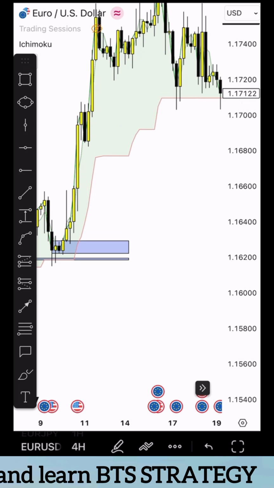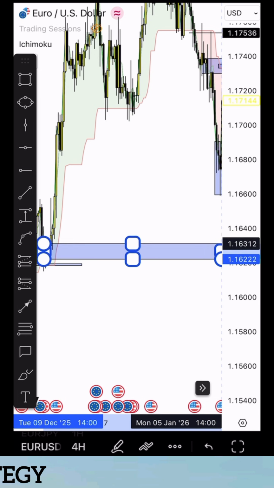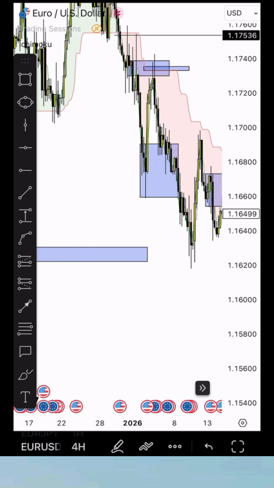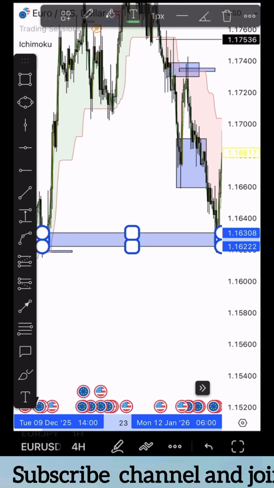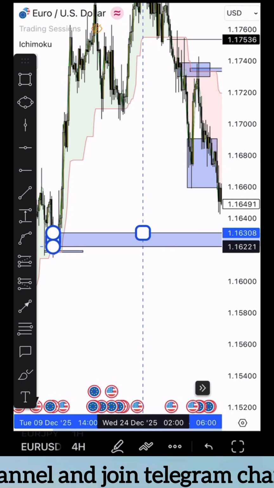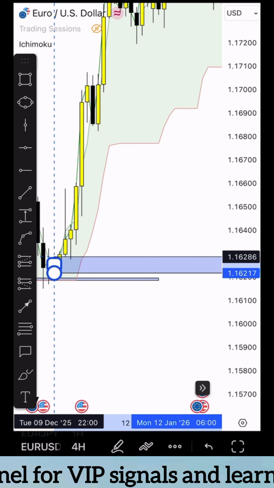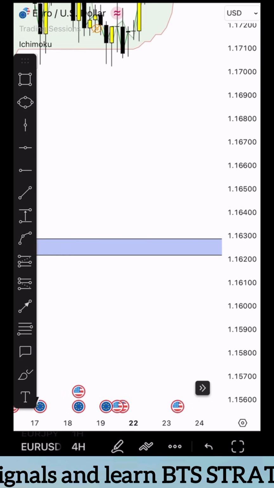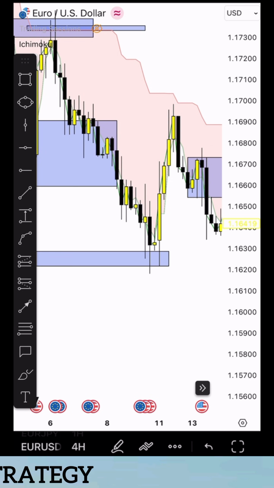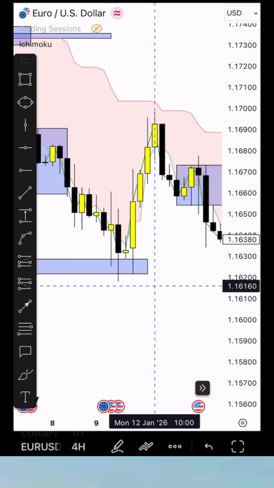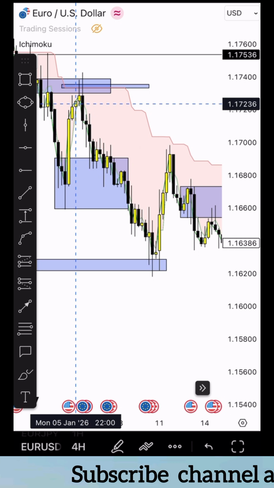I'm just going to drag this engulfing area. It's not perfectly drawn, but you can just mark the engulfing. So there you go. Do you see? Price from here came to here, from there came to here.